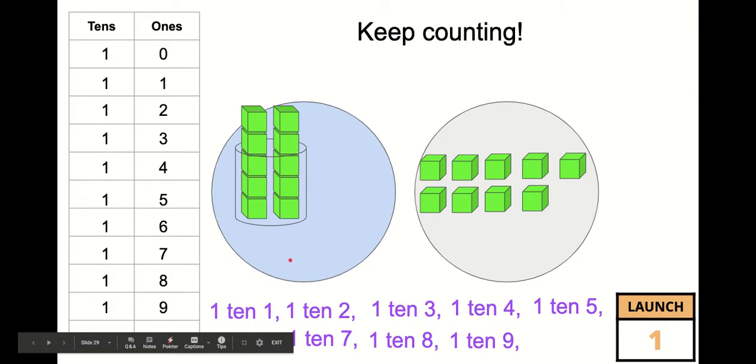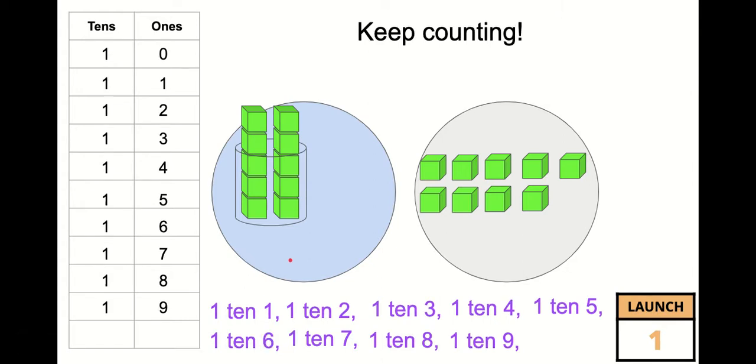What do you think will happen? Are we going to have one ten, 10? Or will we have two tens? Let's find out. Did you make your guess?